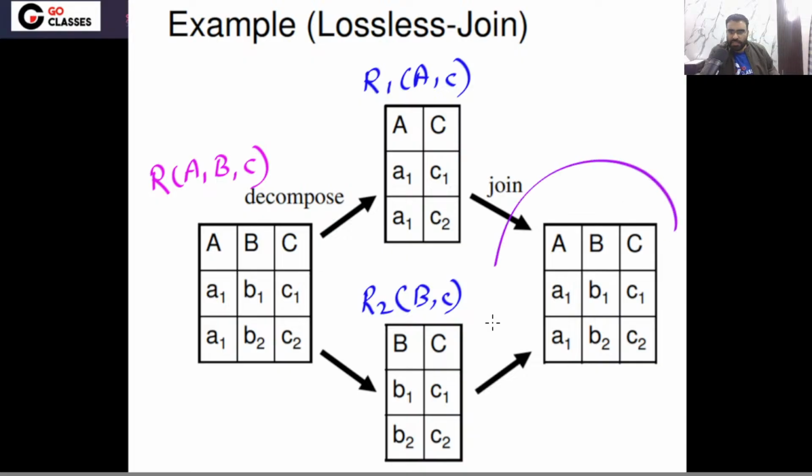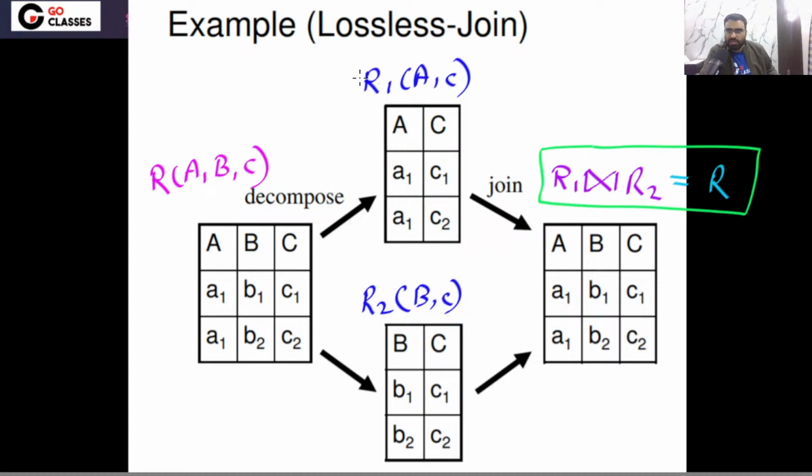So finally, in the output of R1 natural join R2, you can see that it is exactly the same as R. This is called lossless join decomposition, or lossless decomposition. You can call it either, both are the same.